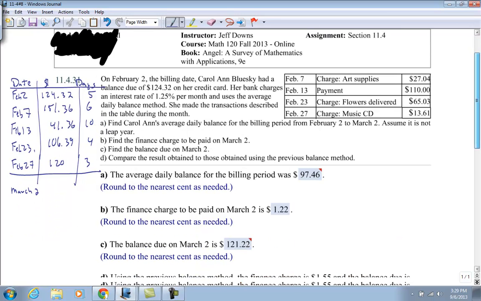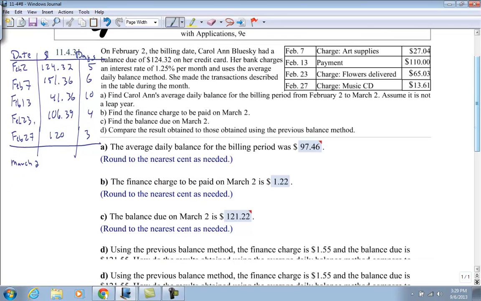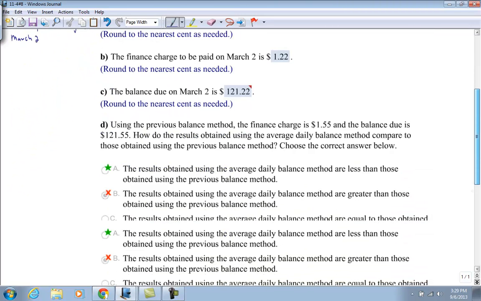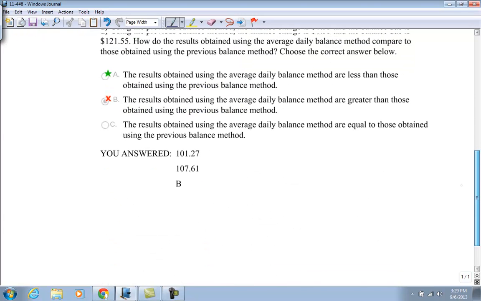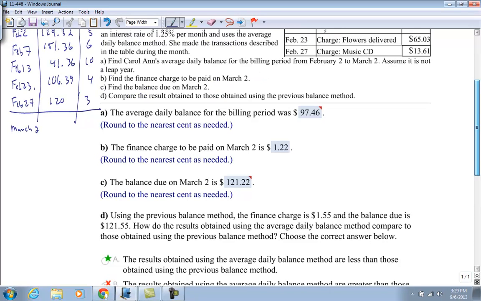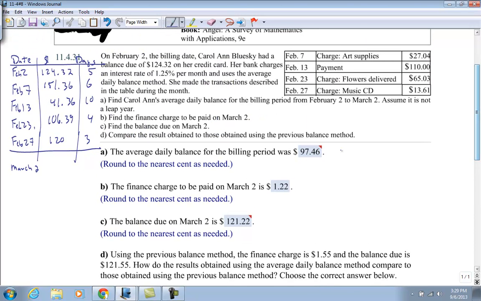Now what we do is we multiply the balance times the number of days. We'll do 124.32 times 5 plus 151.36 times 6 plus 41.36 times 10 plus 106.39 times 4 plus 120 times 3.